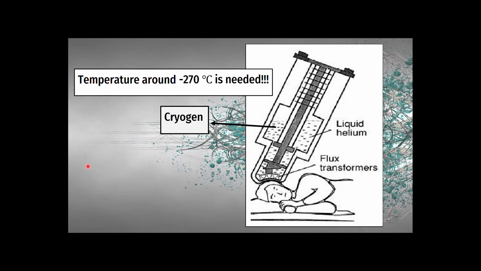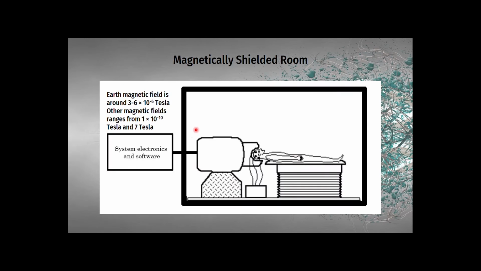To create this environment for operating the SQUIDs, a cooling agent called cryogen is used, and in this case mostly liquid helium is used. As you can see in the schematic, the SQUIDs are immersed in the liquid helium.